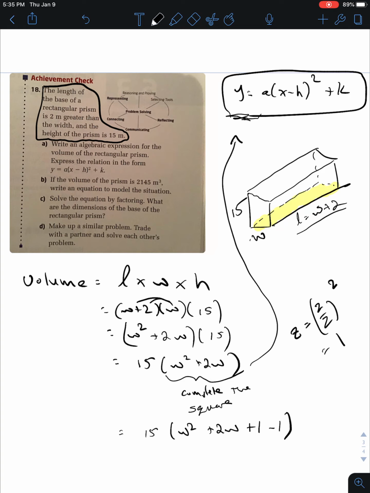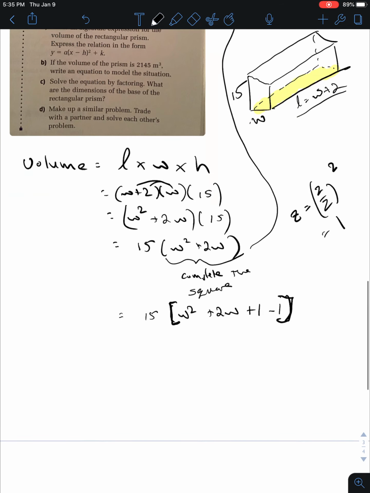And again, I always kind of forget this. I'm going to use square brackets just for simplicity's sake. I know that the first 3 terms that are there are going to condense down into a perfect square trinomial, right? Because I'm going to need 2 numbers to multiply to 1, but add to 2. That's 1 and 1.